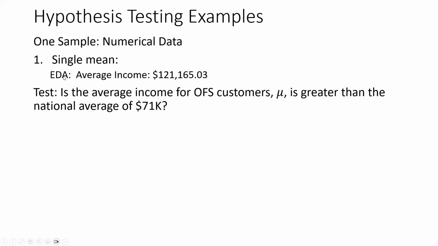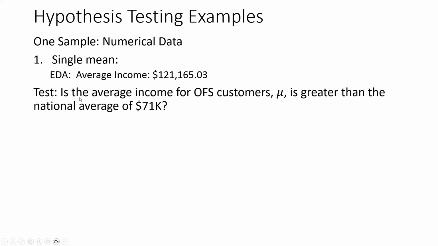All right, so in this one, the exploratory data analysis is just the average income, and it's coming from the income data in the organic food superstore's ARDS, the analysis rating data set, and it's $121,965.03.